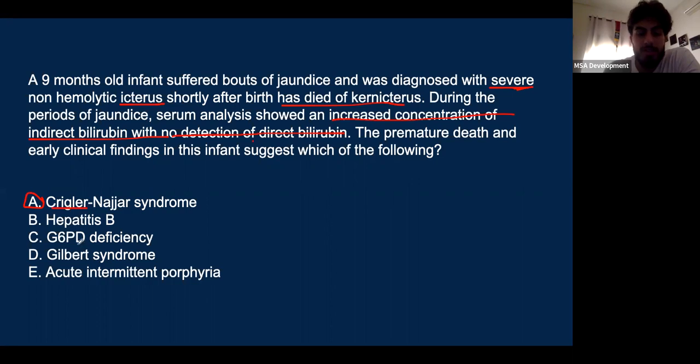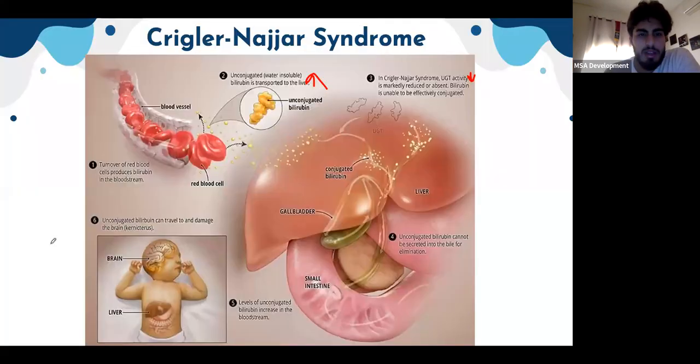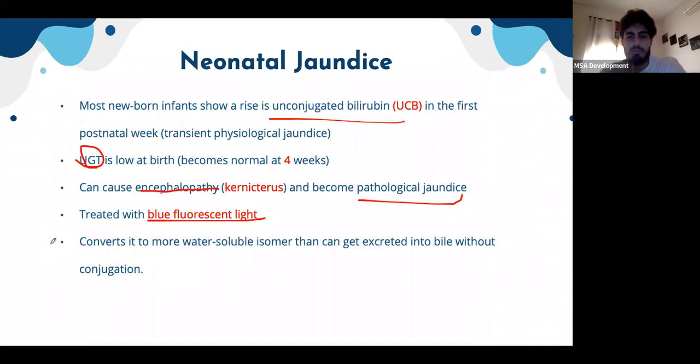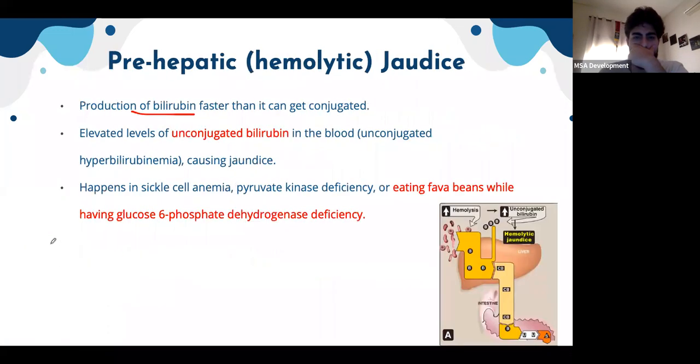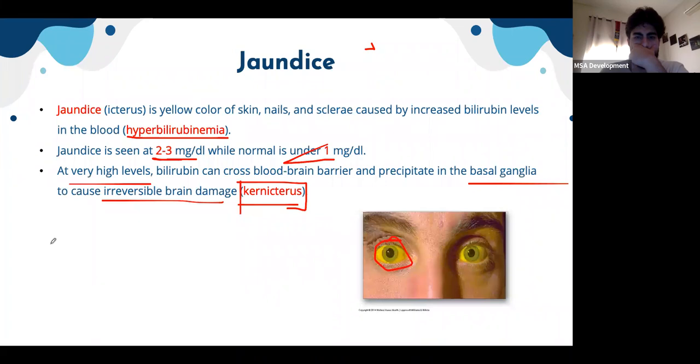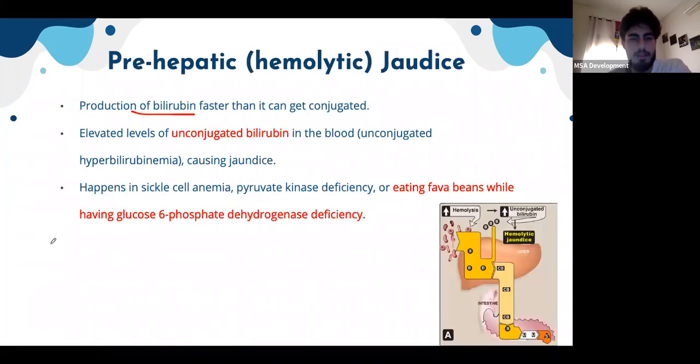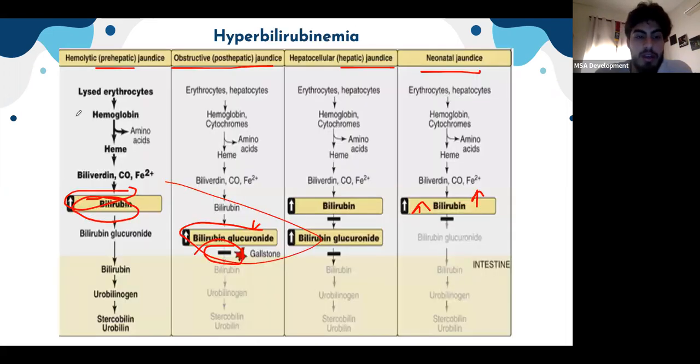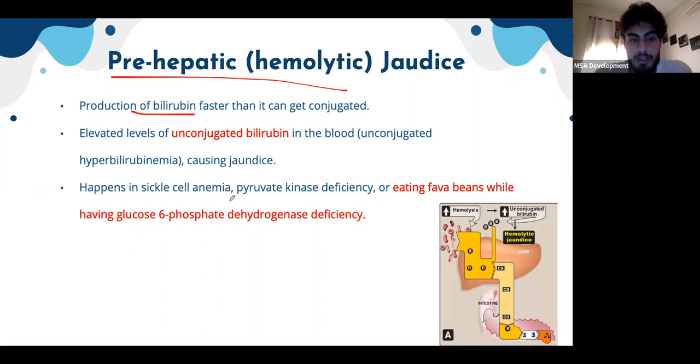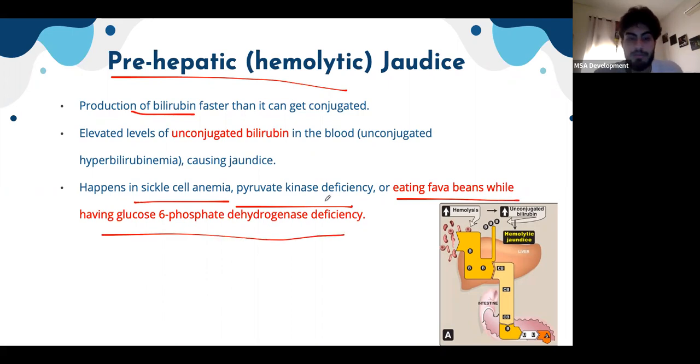Why is it not G6PD? Did I mention it here? Yeah, I forgot to mention it. So yeah, this is G6PD. G6PD is in prehepatic, that's the first one here. It can happen in sickle cell anemia, pyruvate kinase deficiency, or eating fava beans while having G6PD deficiency.